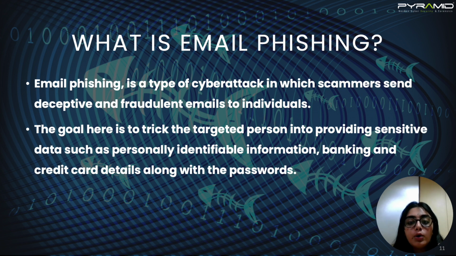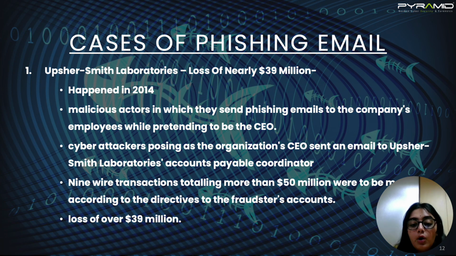Okay, now in regard to this, we have a case on phishing email. Now, this case is Upsher-Smith Laboratories. They lost nearly $39 million. Now, this occurred in 2014, and because it is a prime example of a CEO fraud email, it is incredibly significant.